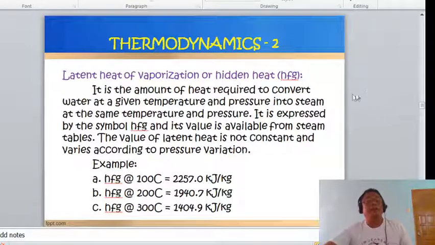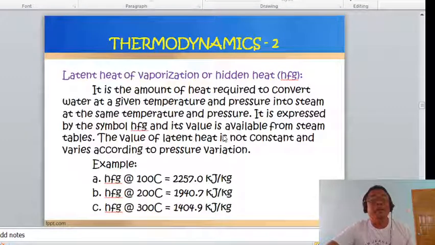So, another, we have here the latent heat of vaporization or hidden heat. It is the amount of heat required to convert water at a given temperature and pressure into steam at the same temperature and pressure.